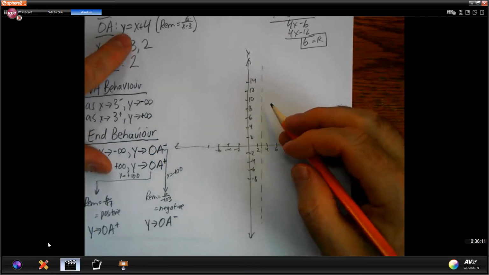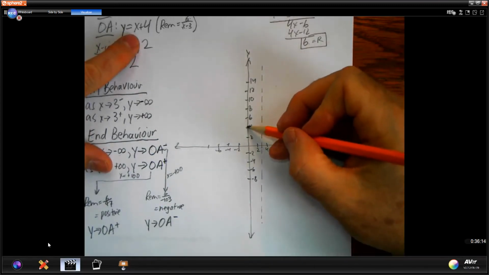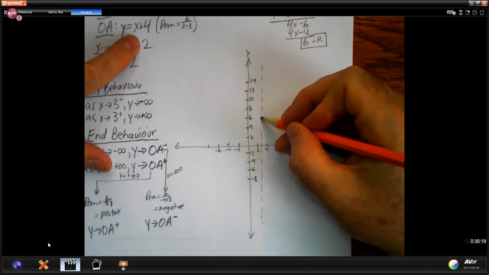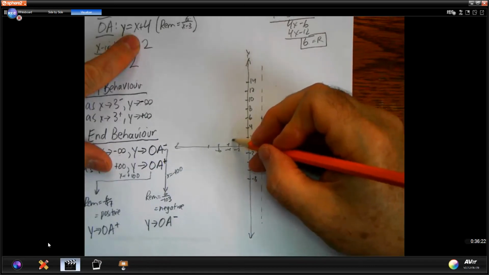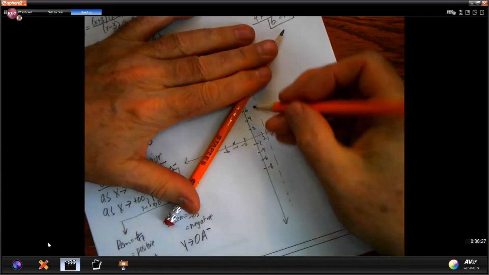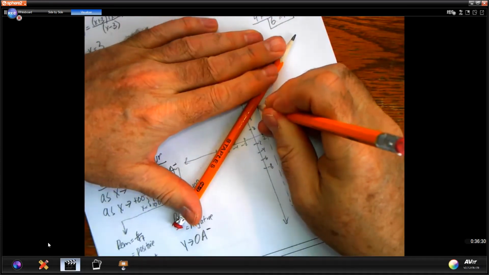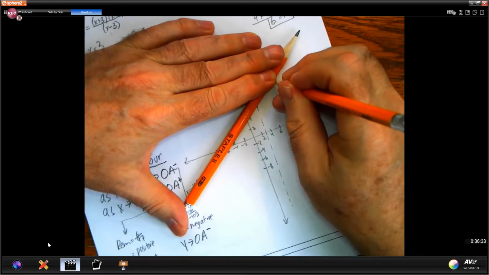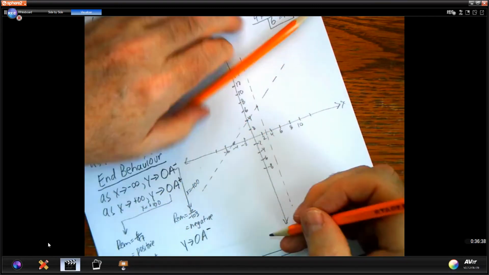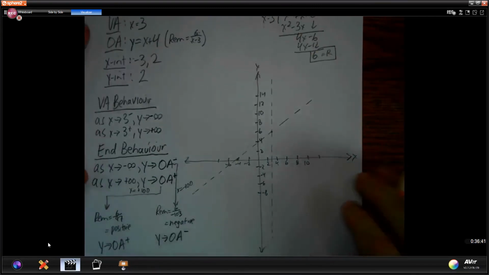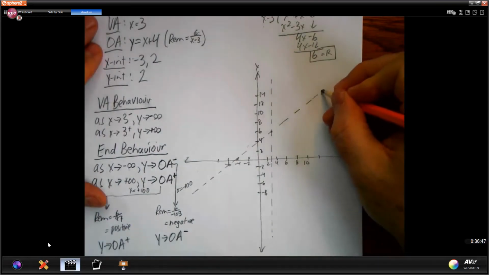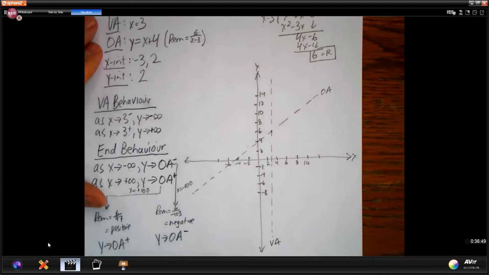So the oblique asymptote has a y-intercept at 4, and it goes up by 1. So this would go up here. I did a couple of sample points just to be able to draw my line. And now I'm going to do it using a ruler or some straight edge. Okay, so now I have my oblique asymptote. I'll just put OA here and VA here as a reminder.